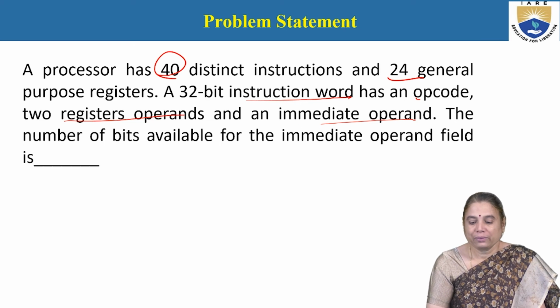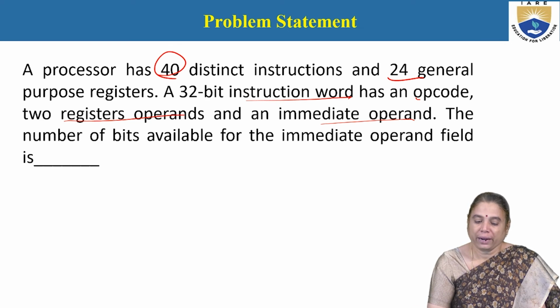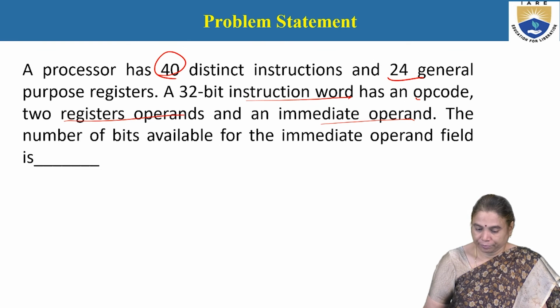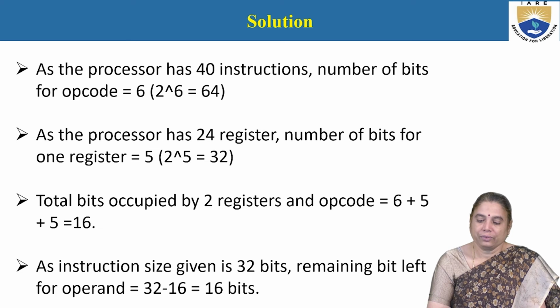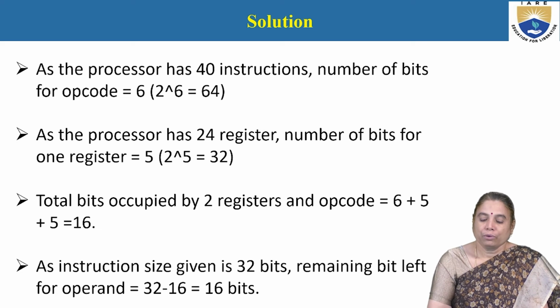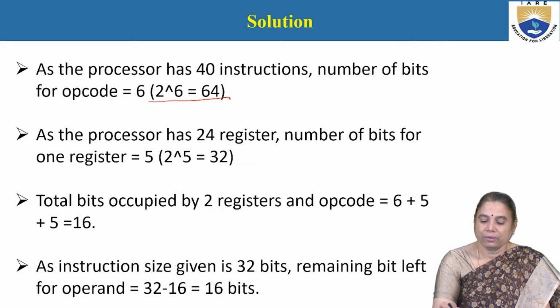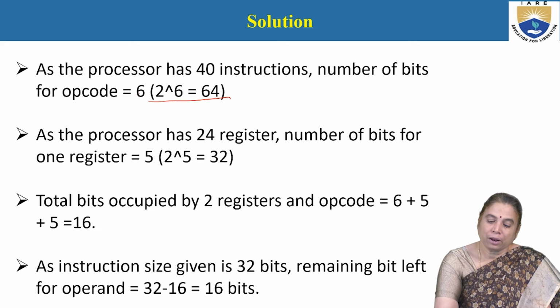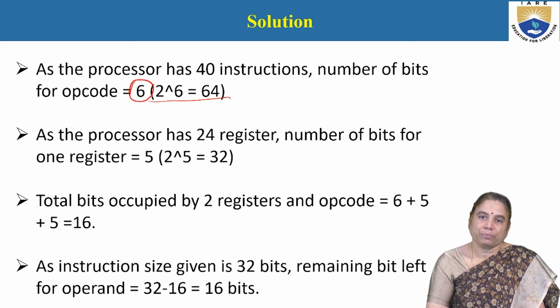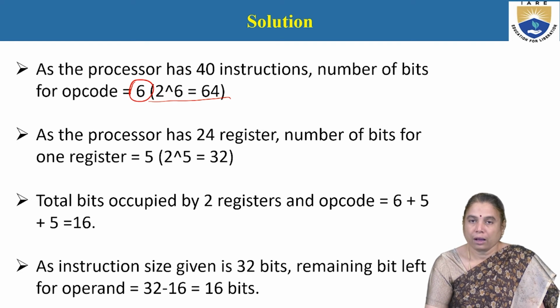The number of bits available for the immediate operand field is. So as the processor has 40 instructions, 2 power 6 is 64 and 2 power 5 is 32. But 40 instructions have to be addressable. So 6 bits can be considered for the opcode.